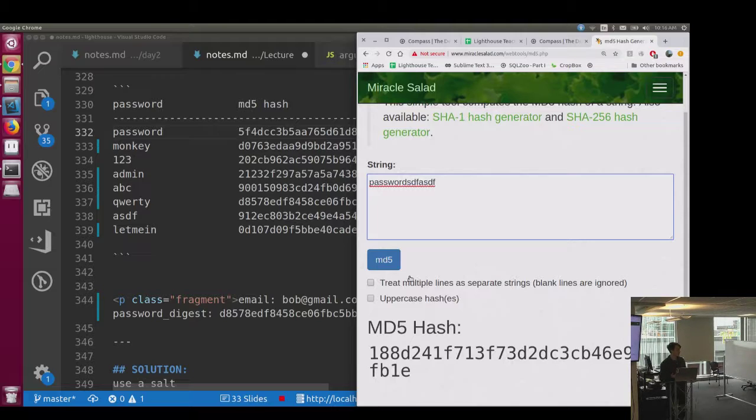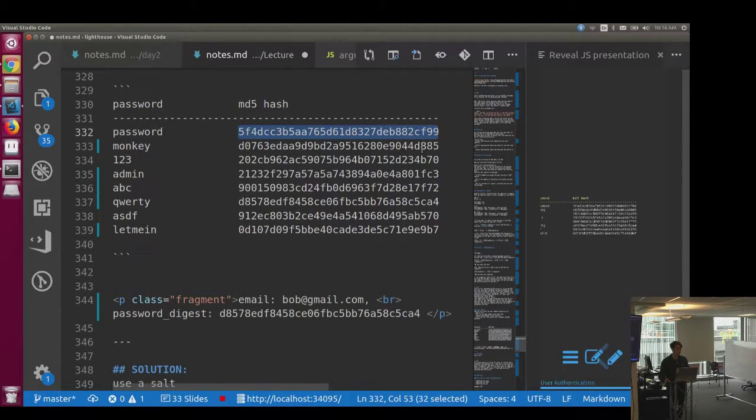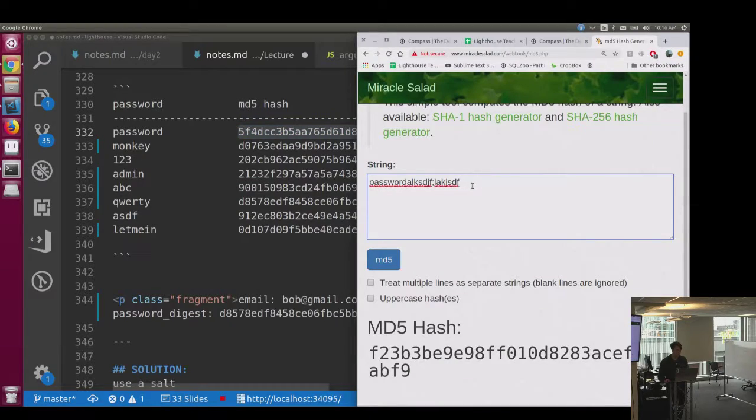But if it was truly random and I just stored a random salt on it, how do I remember what salt was used when I'm decrypting this password? When I'm authenticating that user, I have to take the password they put in, know the salt, and run it back through the algorithm to see if it matches the hash. So I need to know the salt when I'm authenticating them.